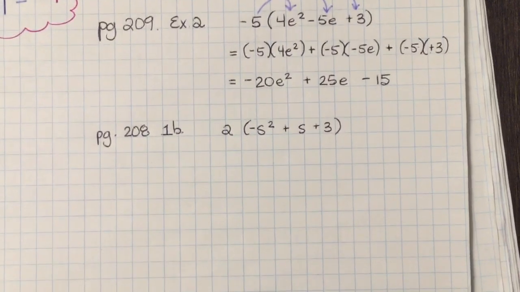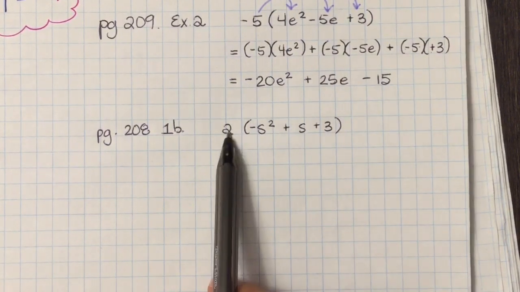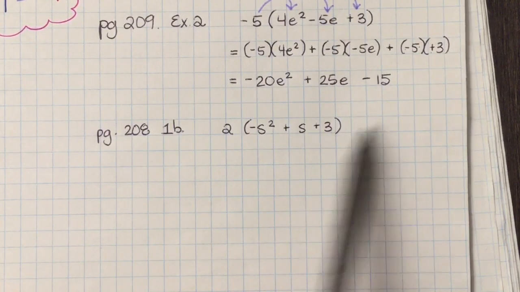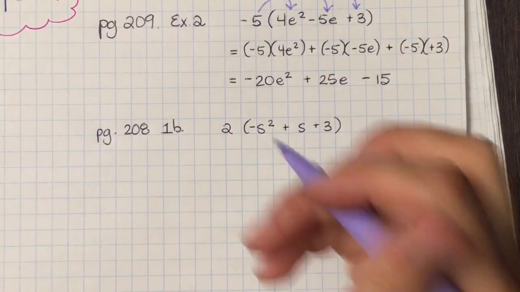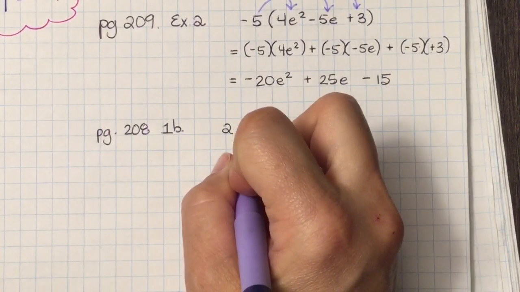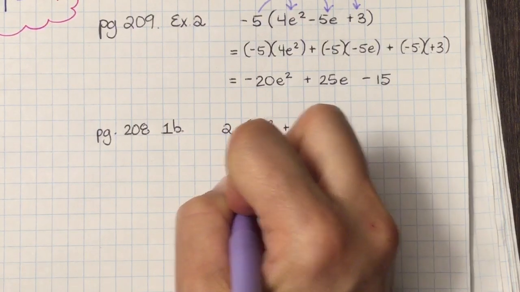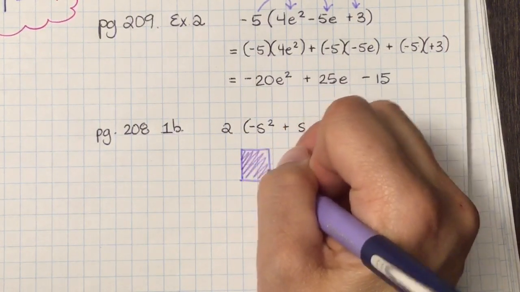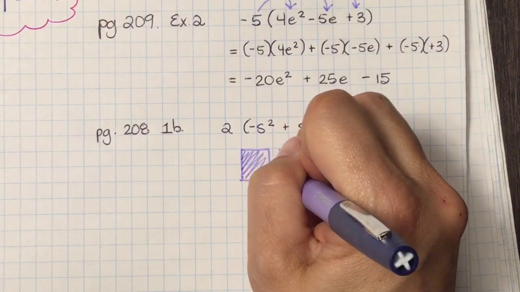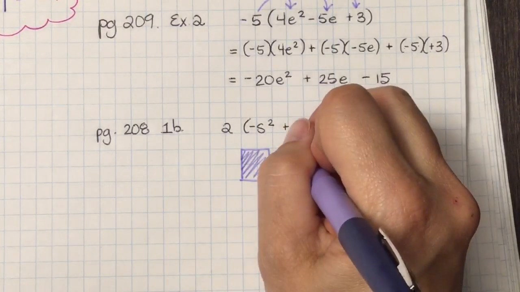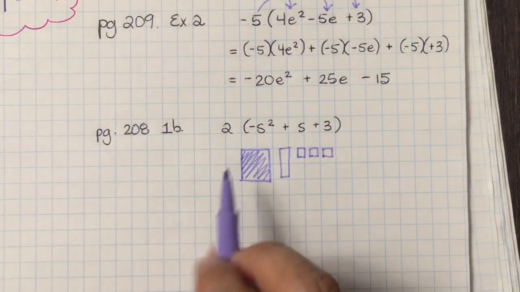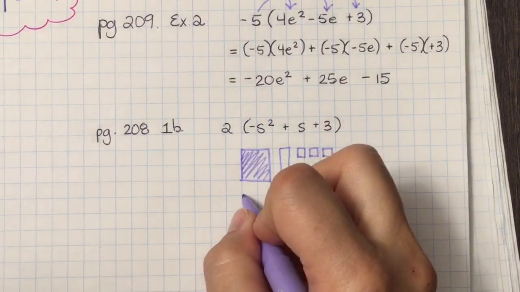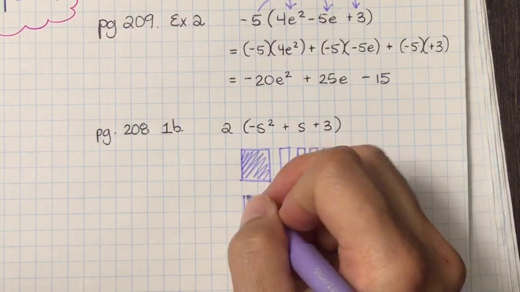So what that is literally meaning is that we are going to make two groups of this polynomial. Okay, so I have a negative s squared, so I'll draw it out once. Negatives we're shading in, and then I have a positive s, and then I have positive 3. Okay, but I'm multiplying that by 2, which means I'm just going to draw a second group.